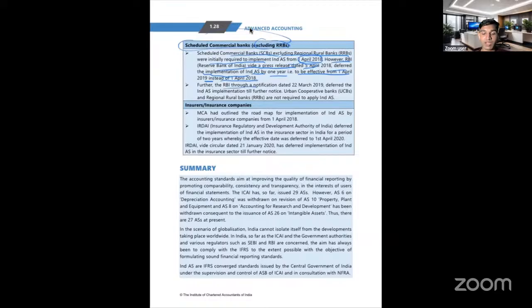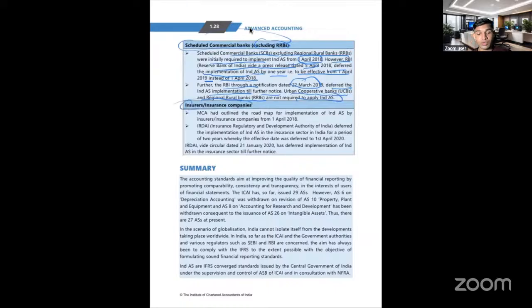Further, the RBI, through a notification dated 22nd March 2019, deferred the Ind AS implementation till further notice. Urban cooperative banks, UCBs, and regional rural banks, RRBs, are not required to comply with Ind AS.